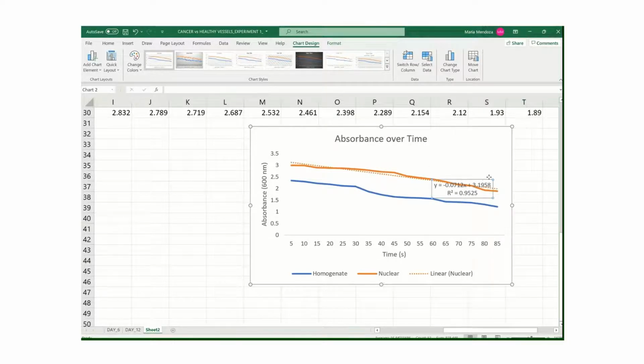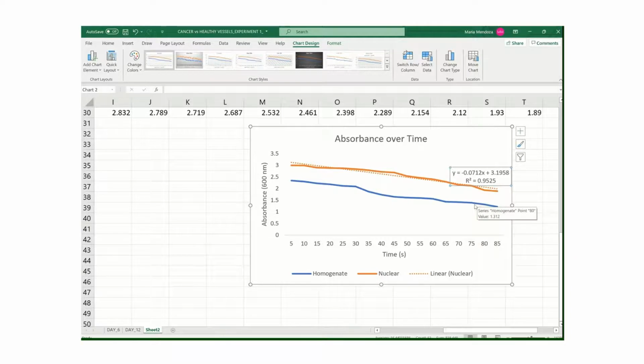So there we go. For this orange line, we have that. Okay, and then this is our slope right here, negative 0.0712x. So this negative 0.0712, that's the slope for this line.